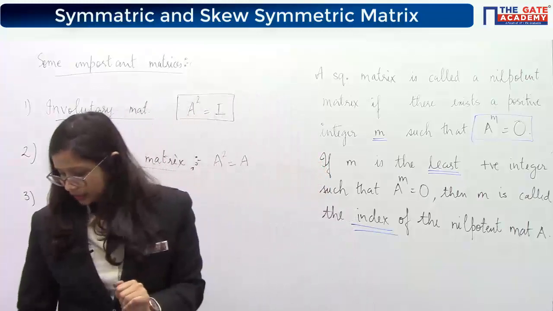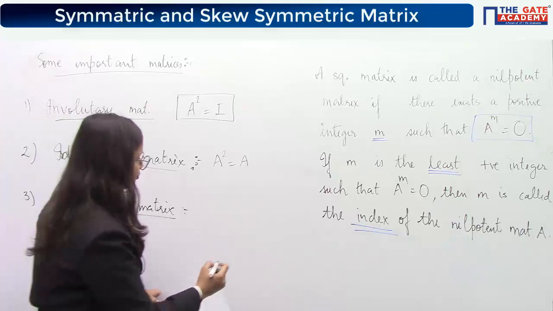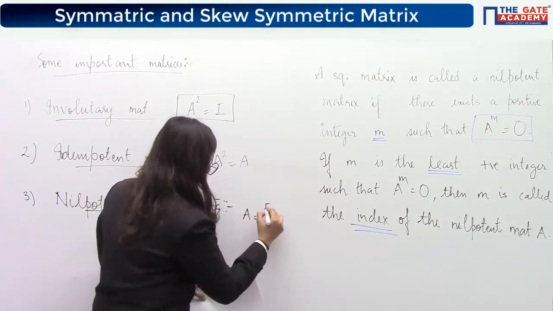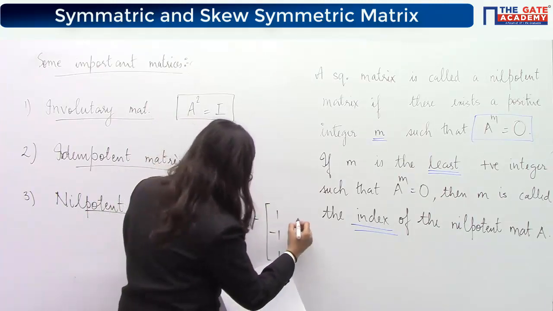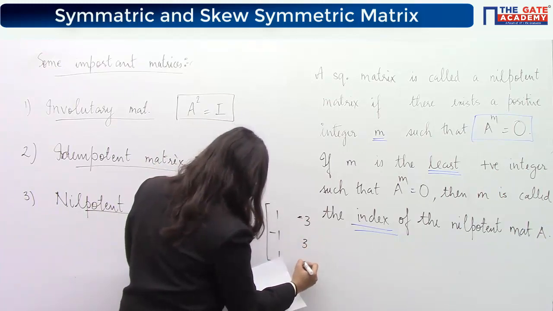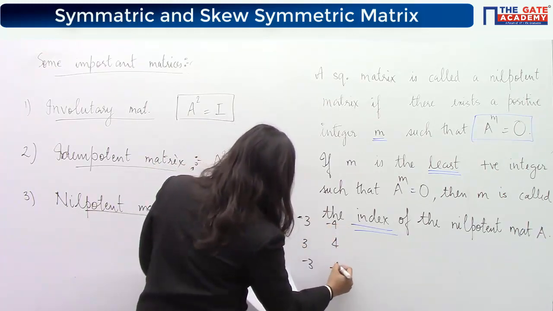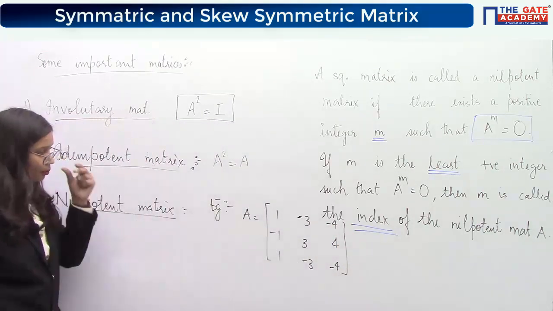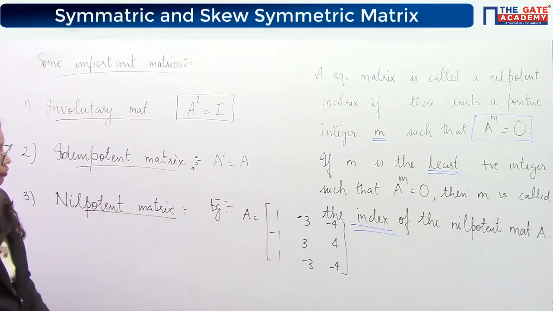Like if I give you an example, let's say the matrix A is given as 1, minus 1, 1, minus 3, 3, minus 3, and minus 4, 4, minus 4.